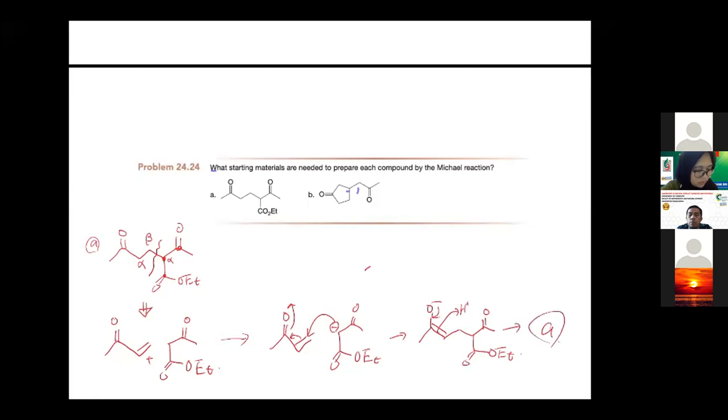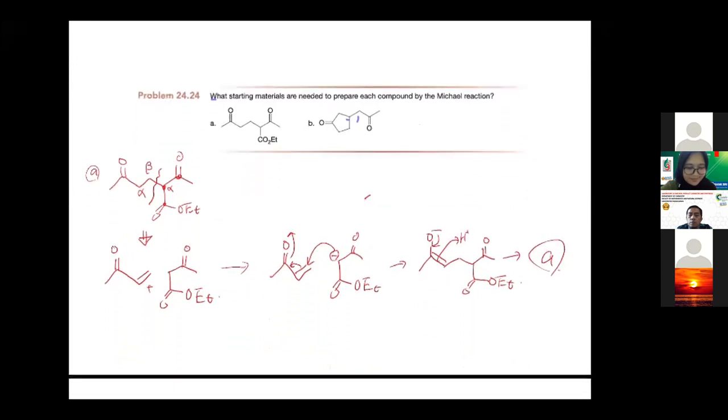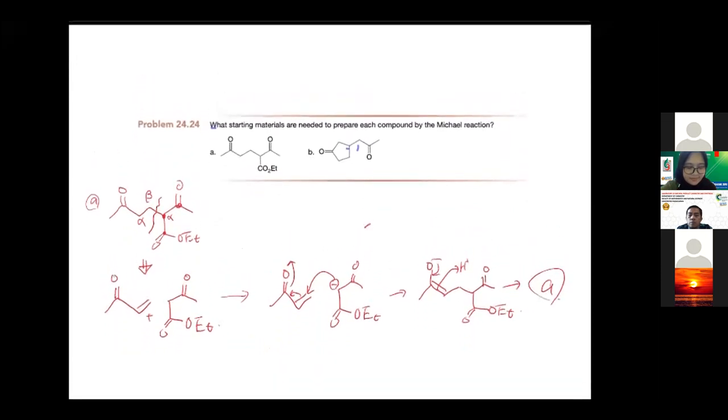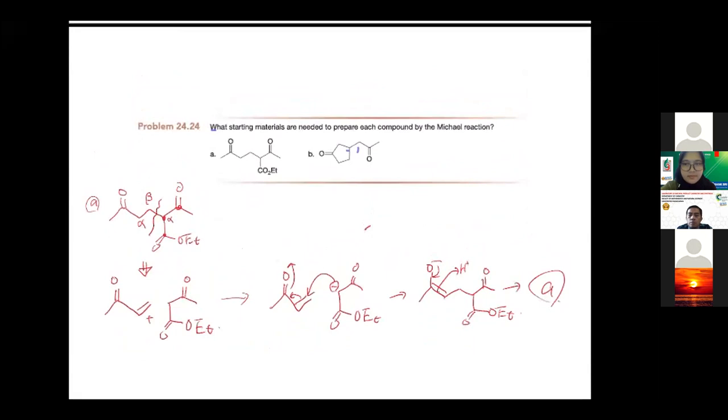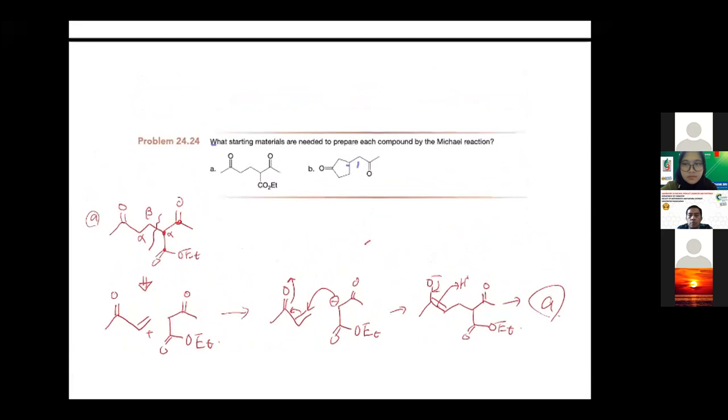Yes, A. So yes, we can make a strategy using the Michael reaction. This component is the same. Yes, the procedure. We want to think again.